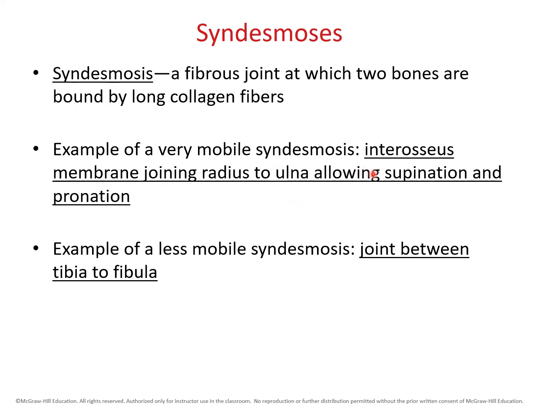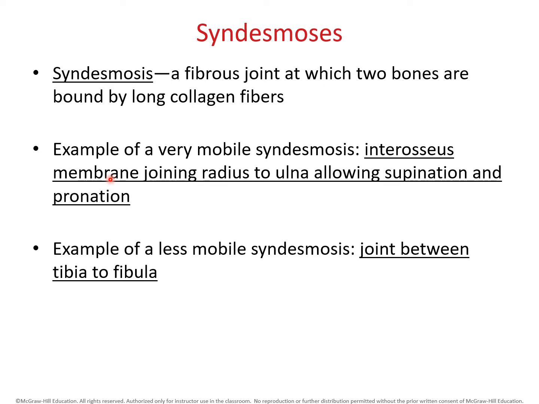Well, we have this interesting relation between the radius and the ulna, and we have a similar unique relation existing between the tibia and the fibula. I say it's unique because between the radius and the ulna, and between the tibia and the fibula, you have this special structure called an interosseous membrane.